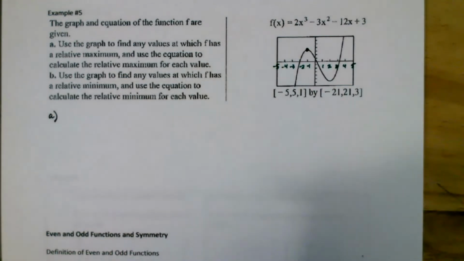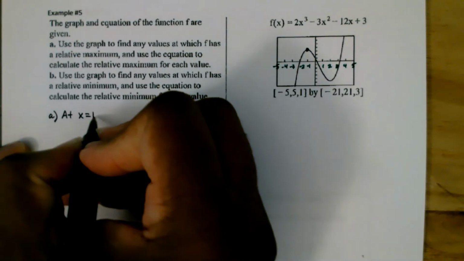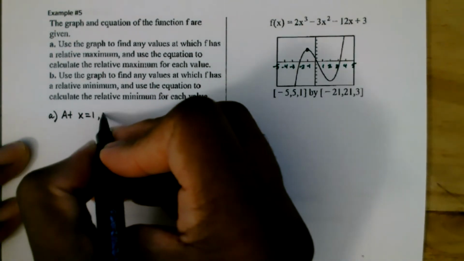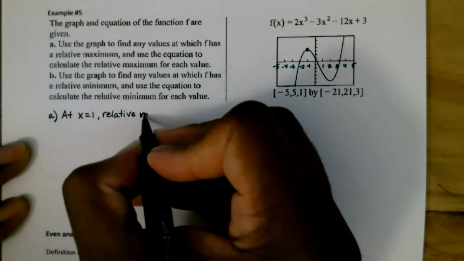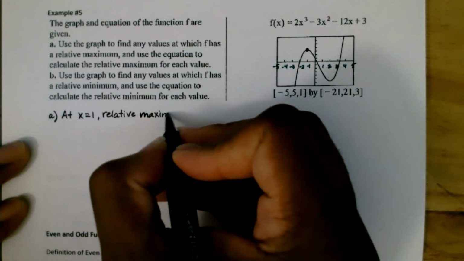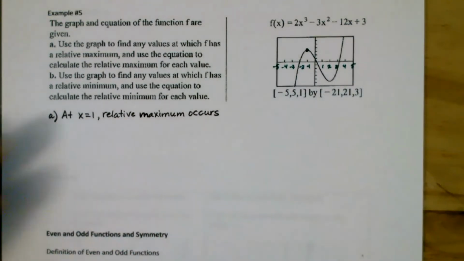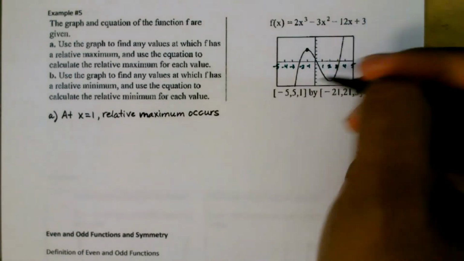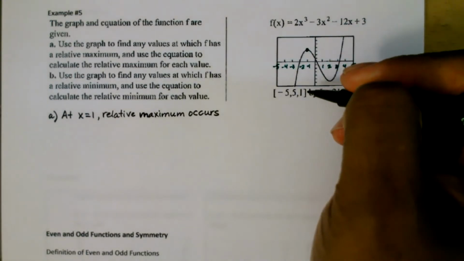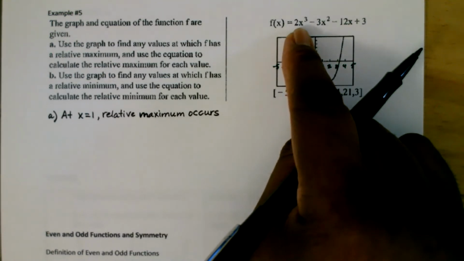Okay, so that means at x is equal to -1, our relative maximum occurs. So what is that relative maximum? Unfortunately, you're not going to be able to see it on this display. However, we have the function f of x equal 2x cubed minus 3x squared minus 12x plus 3.